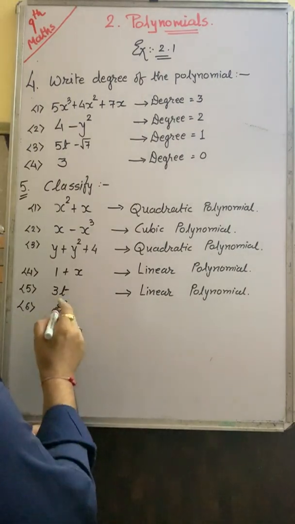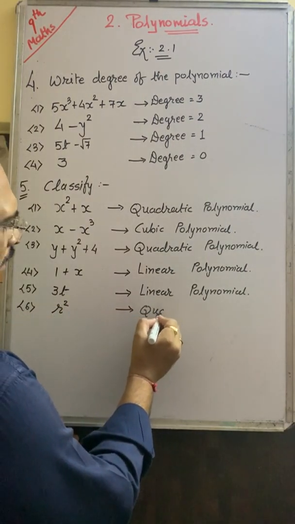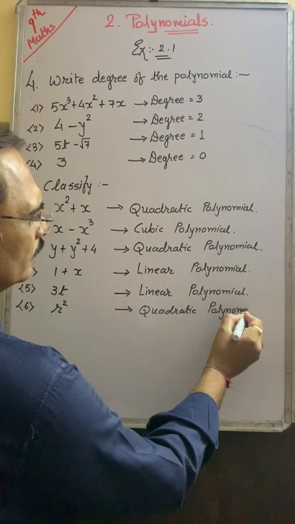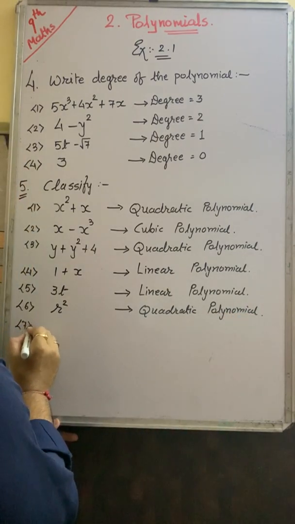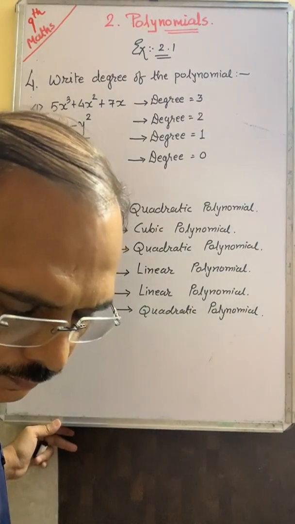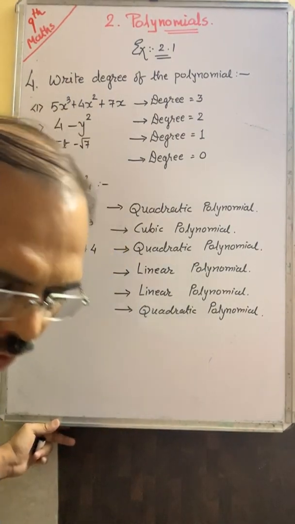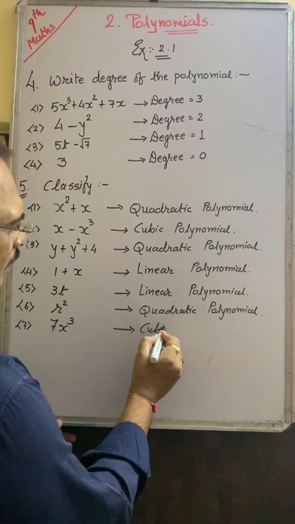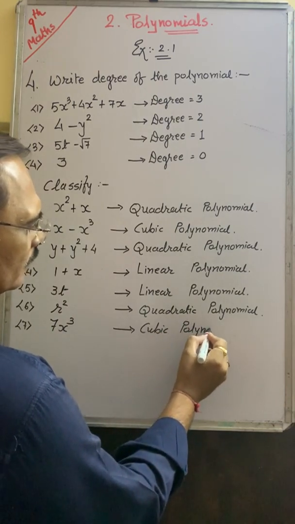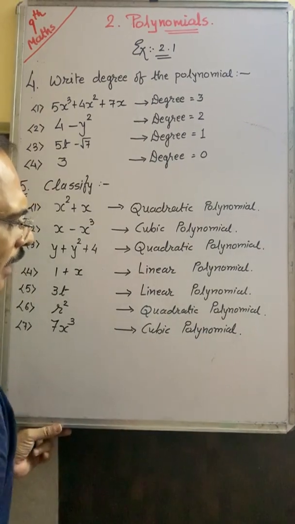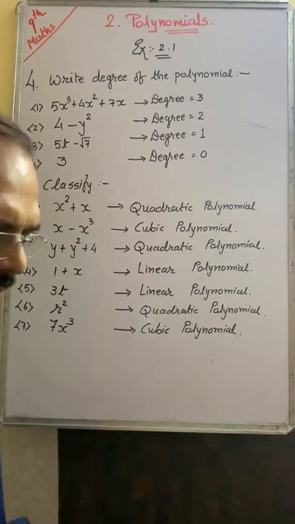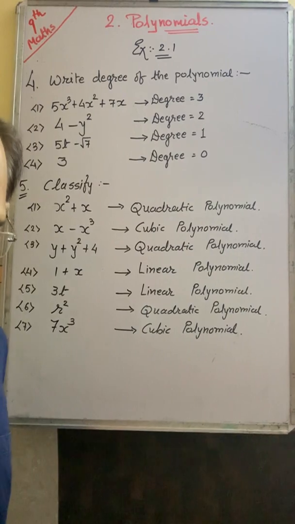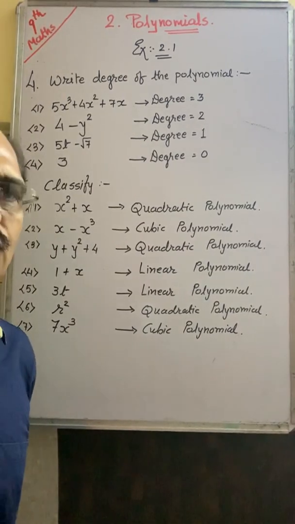Variable is r, power is 2. If 2 power, then it is quadratic polynomial. Seventh, 7x cube. See the variable is x, highest power is 3, so it is known as cubic polynomial. Once again, note down this. You can take a snap. This is your exercise 2.1. After that, we will start exercise 2.2. That's it.